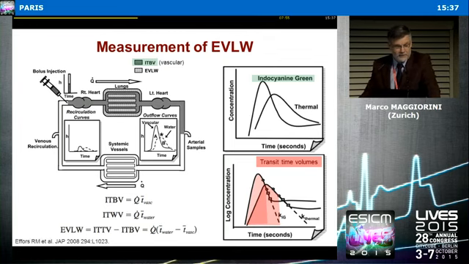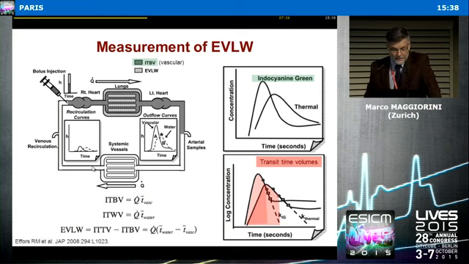At this level you record two curves, a curve for the dye, indocyanine green, and a curve for the thermal effect. Why the two? Because indocyanine green binds to albumin and remains in the vessel itself, and the thermal effect distributes across the vessel barrier and into the interstitial level.